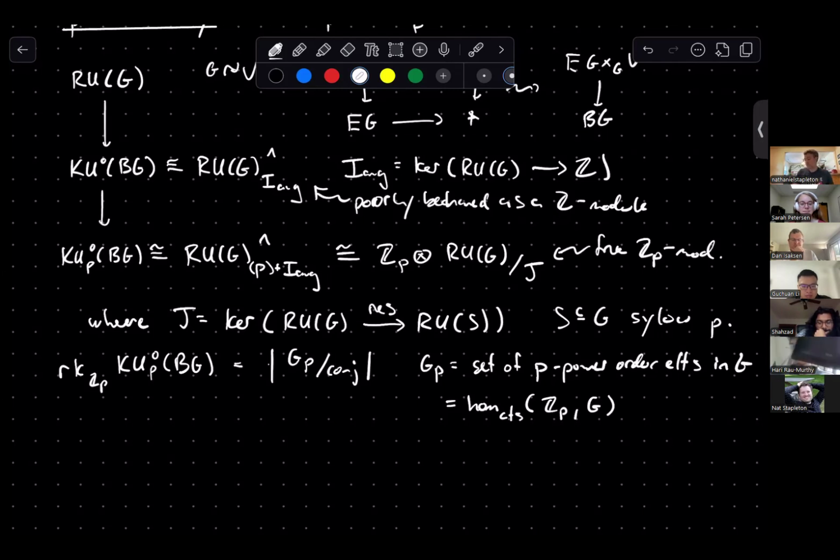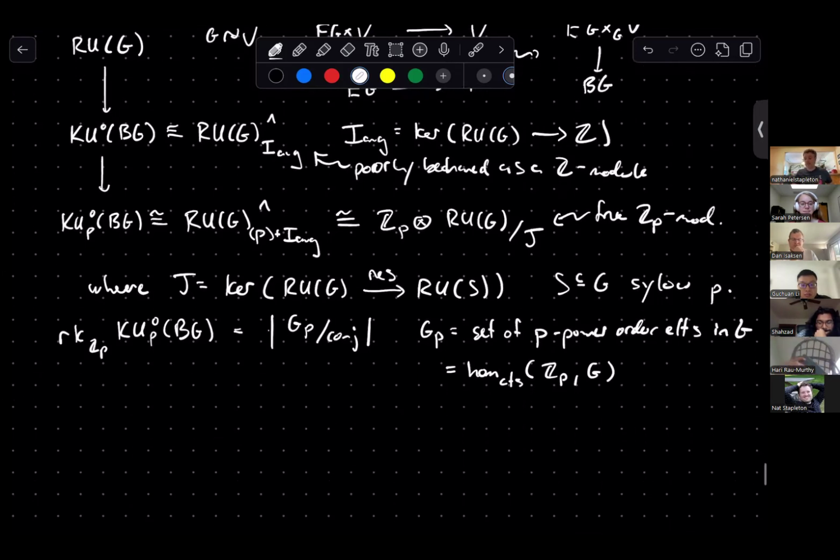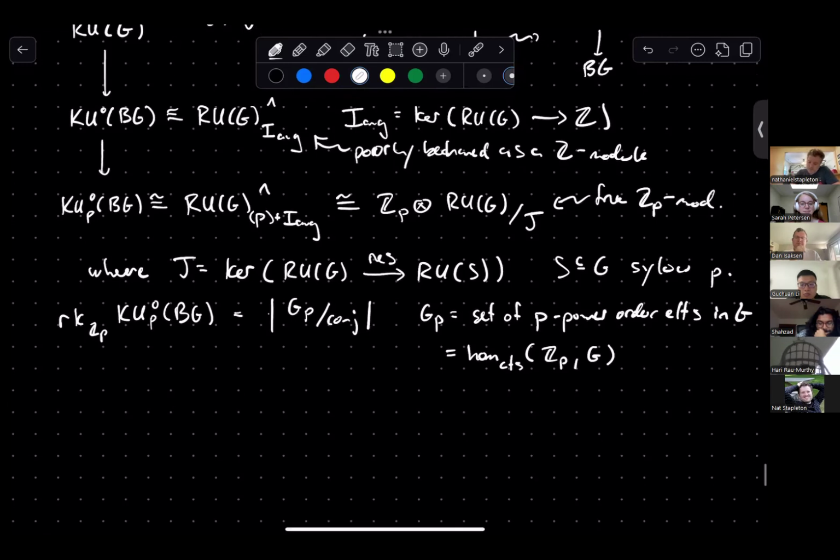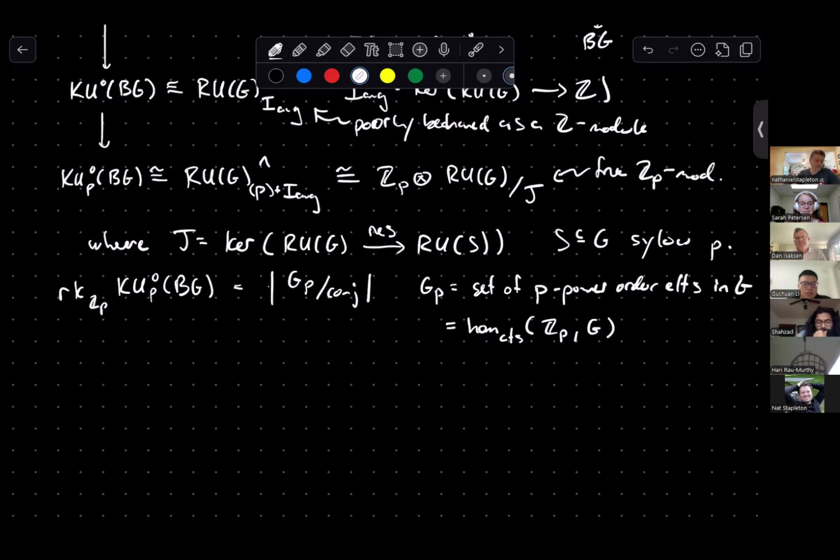And so we see that this exactly picks out the elements of G that are of order P to the K for some K. And G acts on the set by conjugation. And so I can take conjugacy classes of P power order elements in G, and that's exactly what the rank of the p-adic K-theory of BG is.